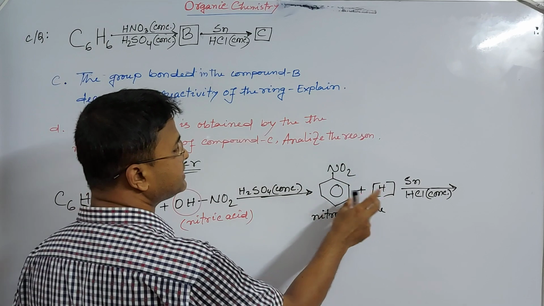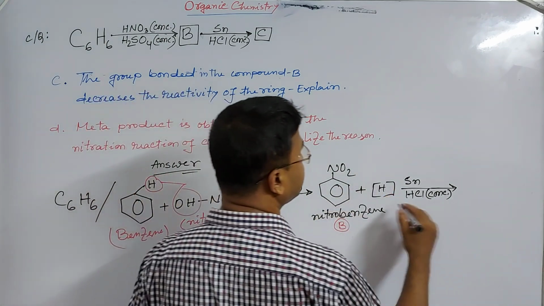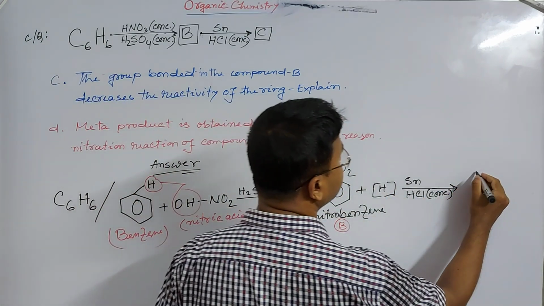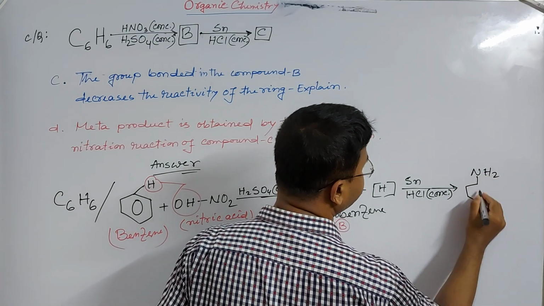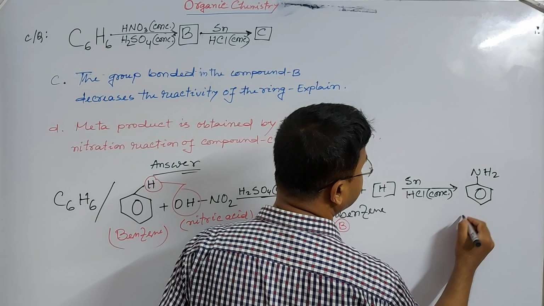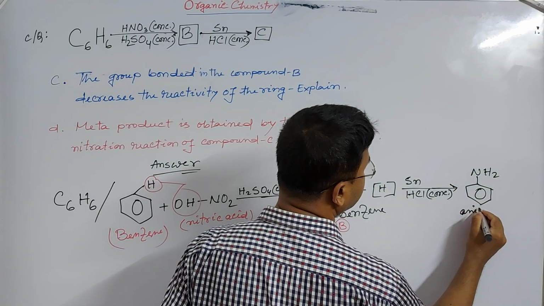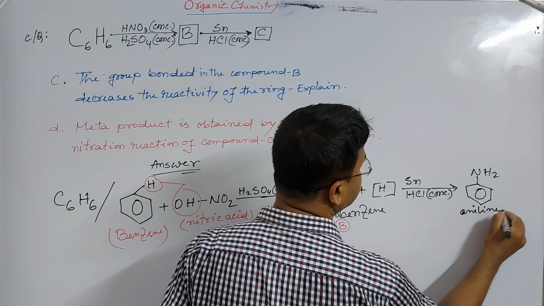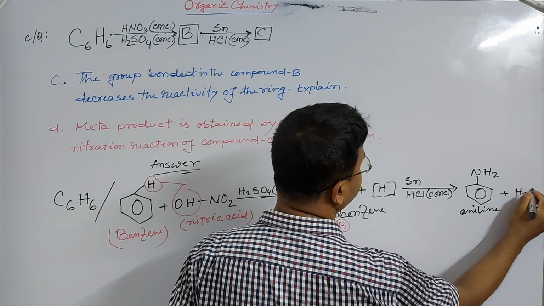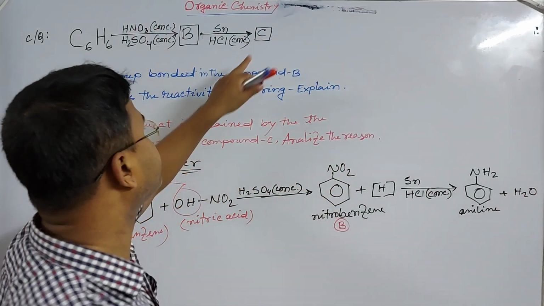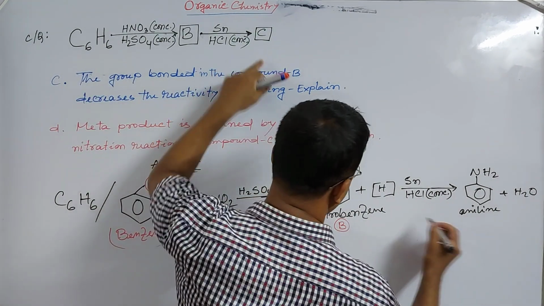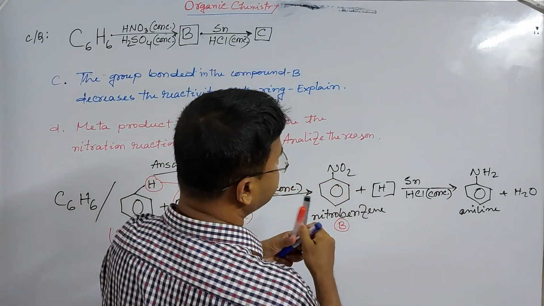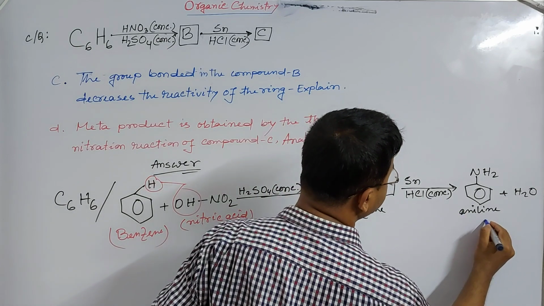Then nitrobenzene is actually reduced by nascent hydrogen to produce aniline or phenylamine. This is aniline plus water. As per the reaction of the stem, C compound indicates actually aniline.